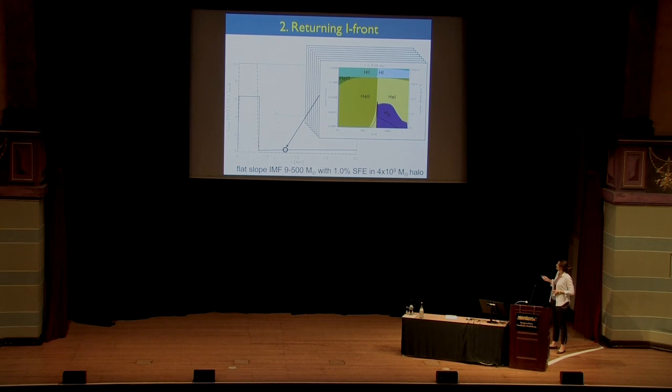This continues to stay the case, and more molecular hydrogen builds up. So from this point where the ionization front was returning, the halo was reneutralizing from outside, the Lyman-Werner escape fraction dropped to 0 and stayed like that.